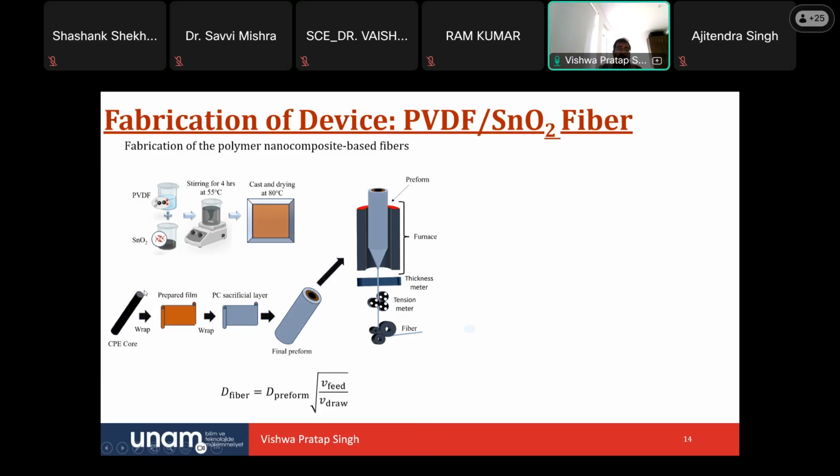So we have the conducting polyethylene planar film. We cut it and fill it inside a tube. We have a PTFE tube, and we fill the cuttings of this CPE inside this PTFE tube.